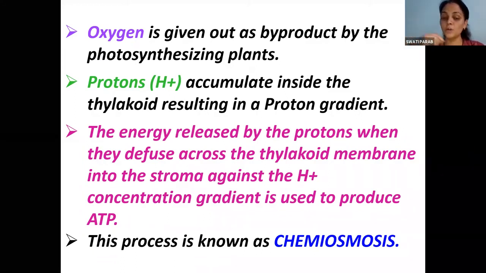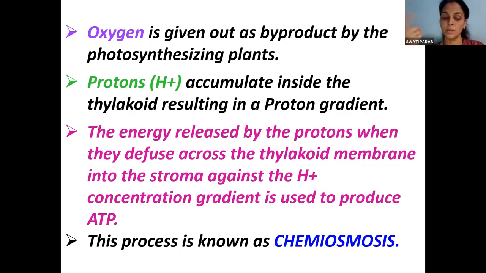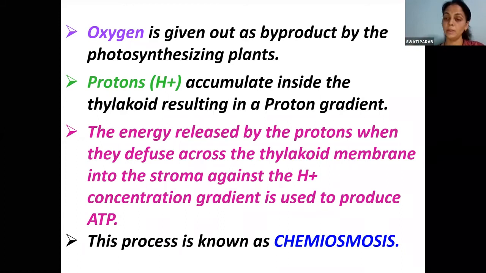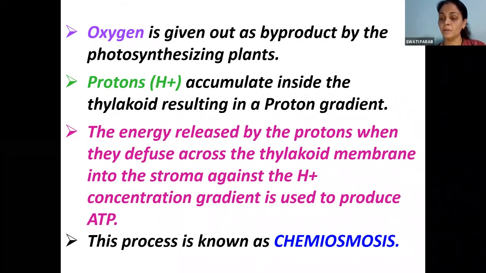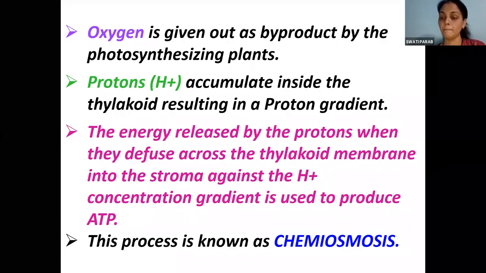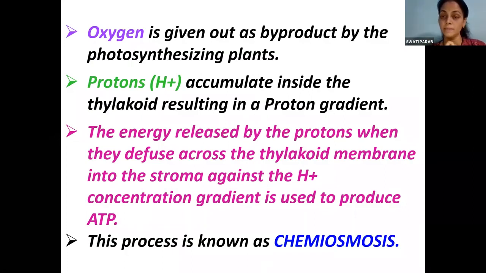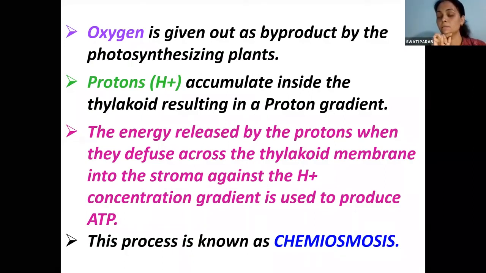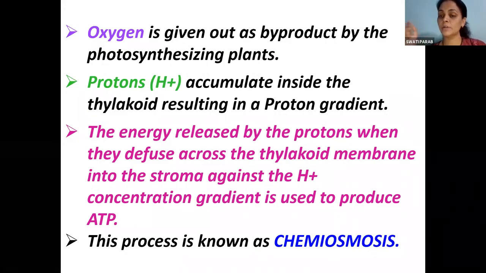The movement of hydrogen ions across a membrane during respiration in mitochondria and during photosynthesis in chloroplast leads to generation of ATP. Gaurang, are you writing?